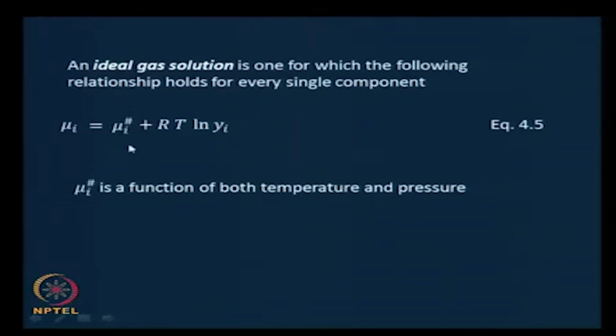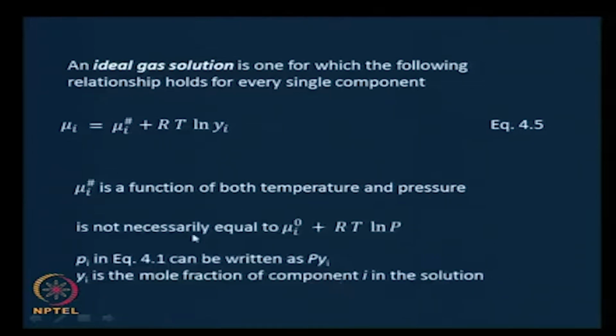But in this case, unlike the cases that we have seen earlier, ideal gas and perfect mixture and so on, mu i hash is a function of temperature and pressure. And also note that mu i hash need not necessarily be equal to mu i naught plus RT ln P.